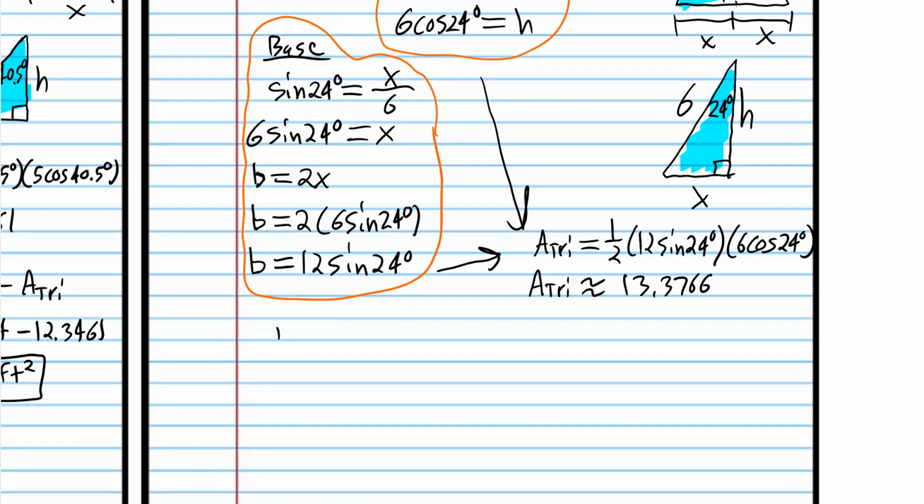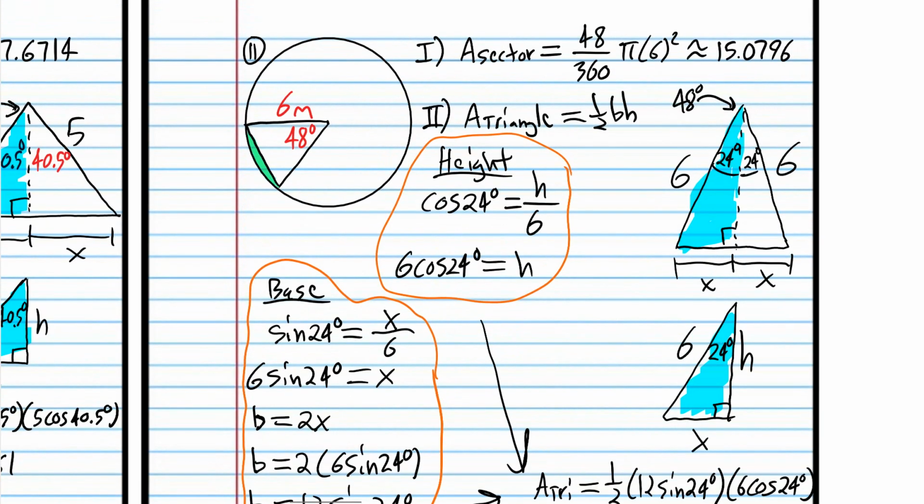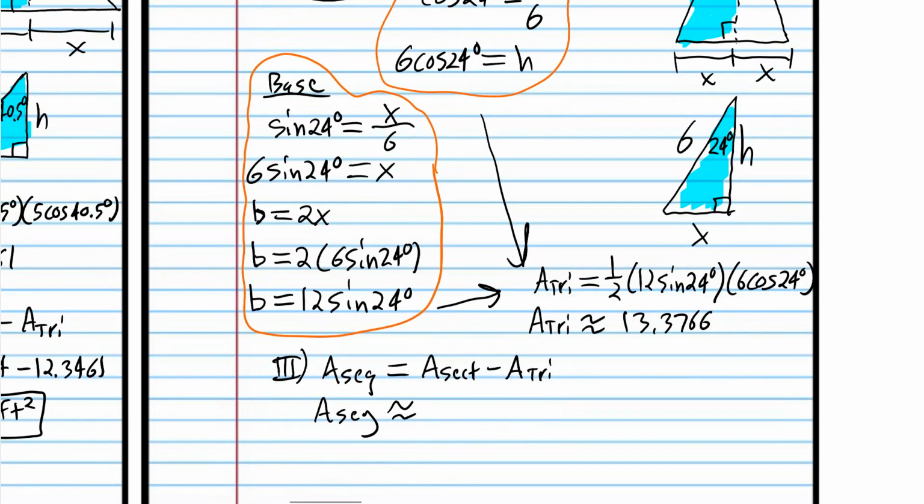So now on to step 3. We're just going to finish it out. The area of the segment is equal to the area of the sector minus the area of the triangle. The area of the sector is 15.0796, and the area of the triangle we just found.